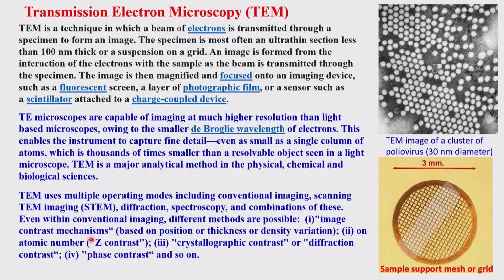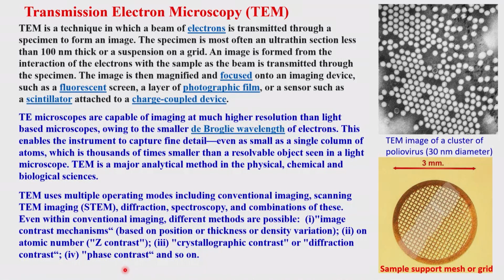Image with the contrast mechanisms based on position, thickness, density, on atomic number, Z contrast, and crystallographic contrast, which is based on the crystallography parameters, or diffraction contrast, or phase contrast, orientation, etc. That is called phase.